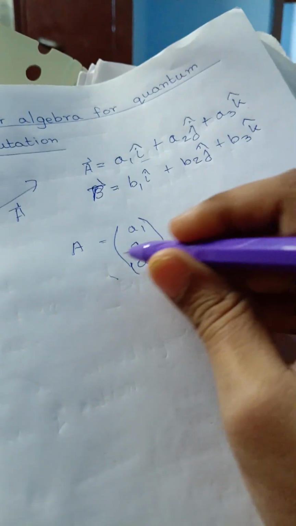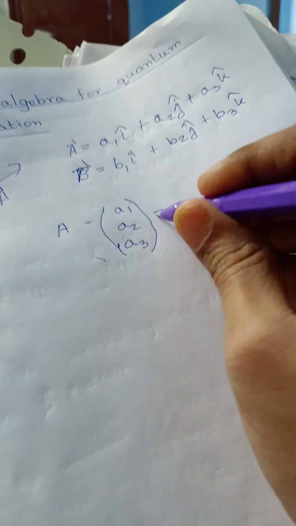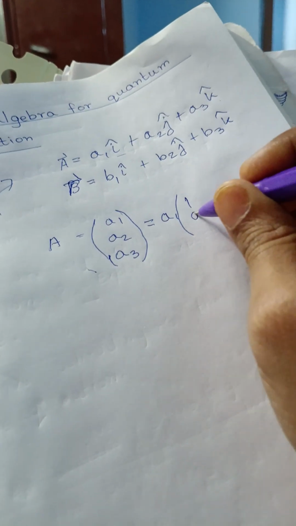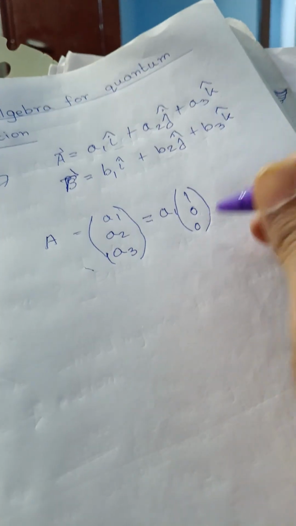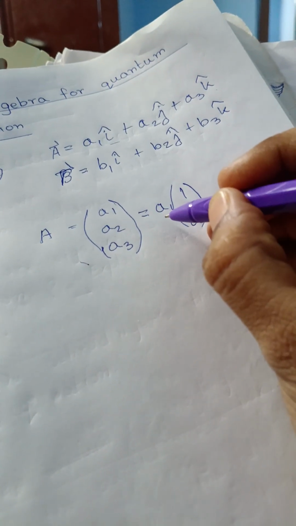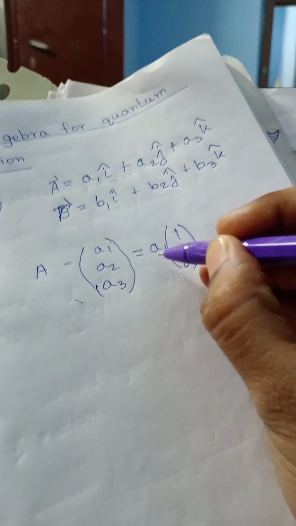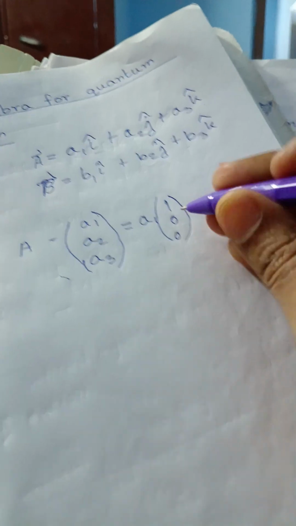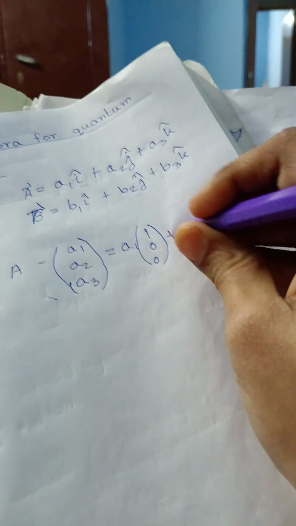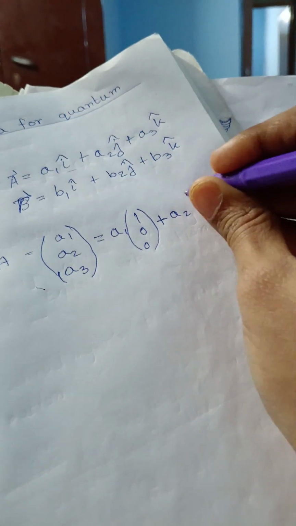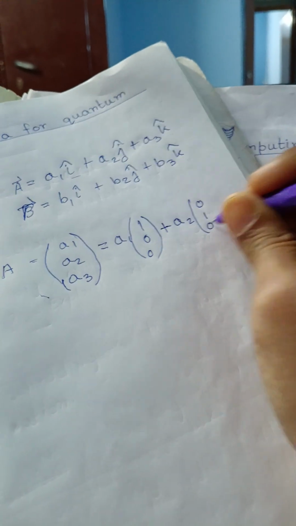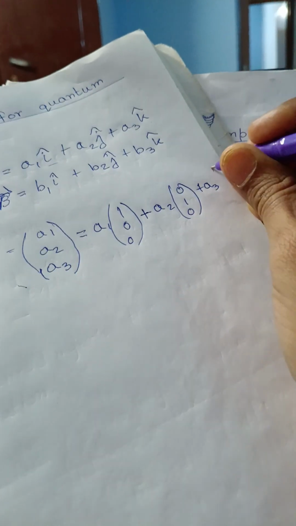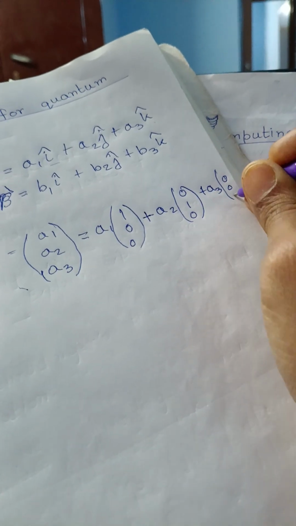Now see, this column vector can also be written as A1 into the column 1 0 0. You already know about matrix multiplication. If A1 is a scalar, A1 multiplied by 1 0 0 gives A1 0 0. Next, we write A2 into 0 1 0 plus A3 into 0 0 1.